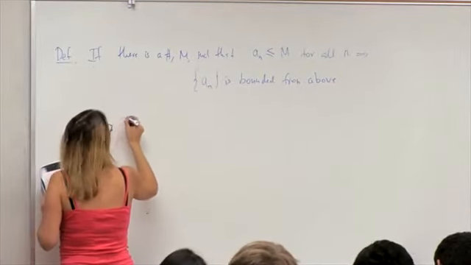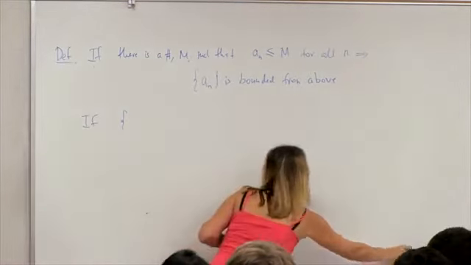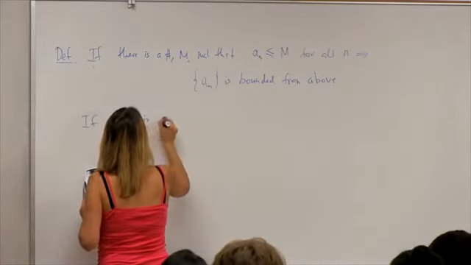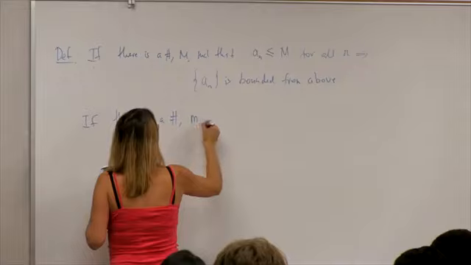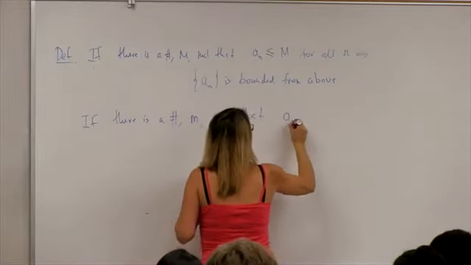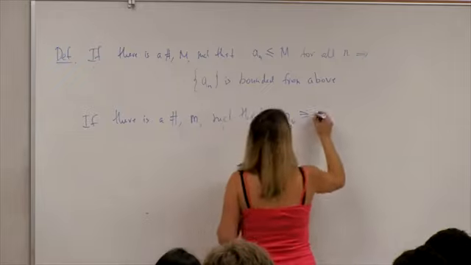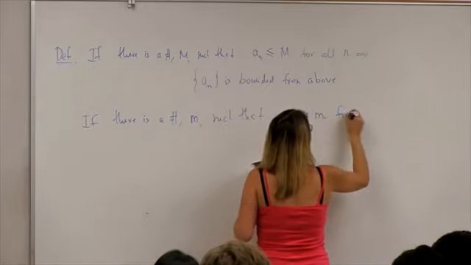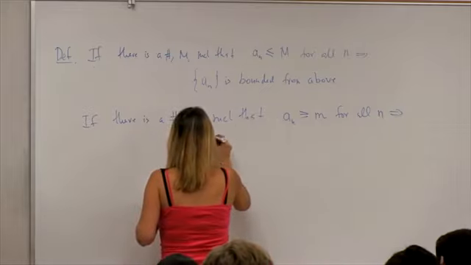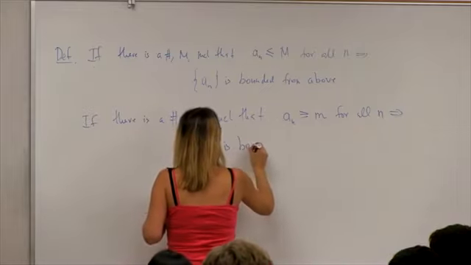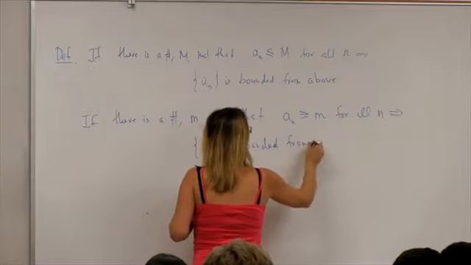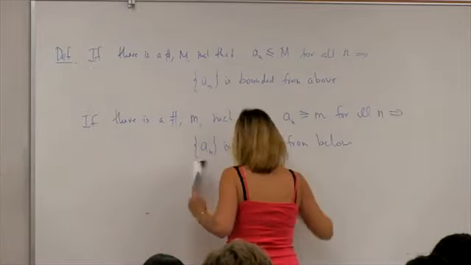And if there is a number m such that an is greater or equal than m for all n, then we can say that an is bounded from below. Okay.